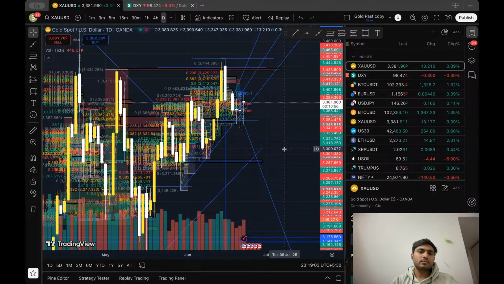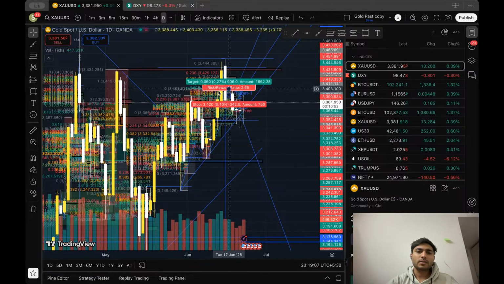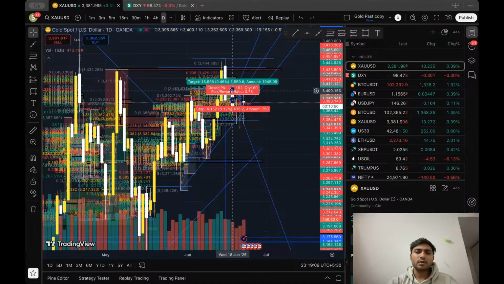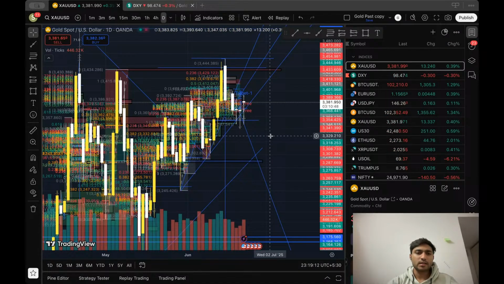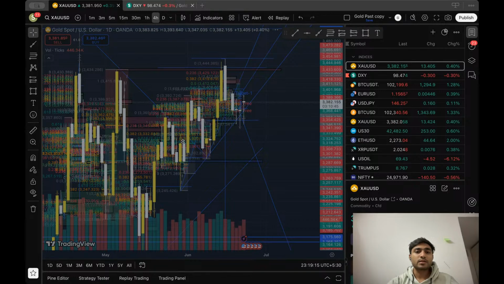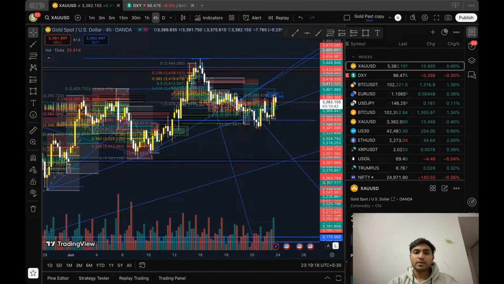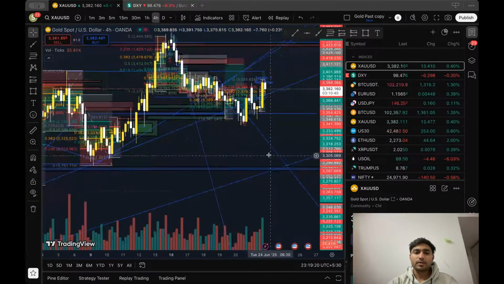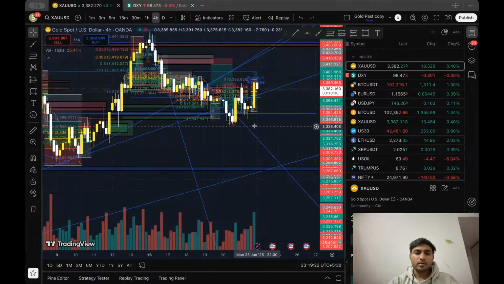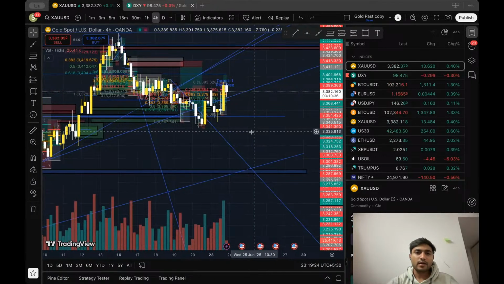Let's see. This market structure has been already satisfied. So market structure trades today also we took a lot of market structure trades. So 4 hour pair, if you see 4 hour pair, did we have any trend line trades?